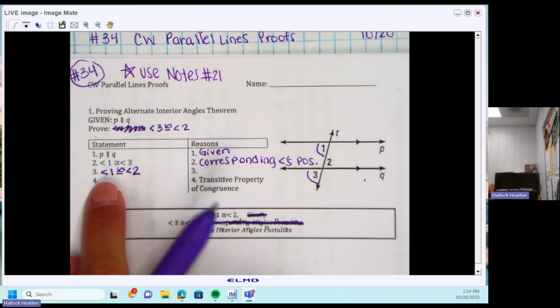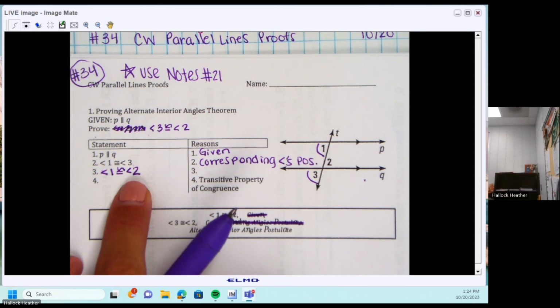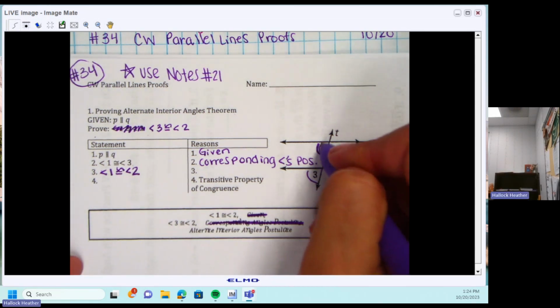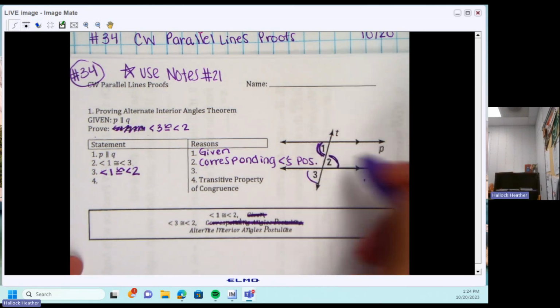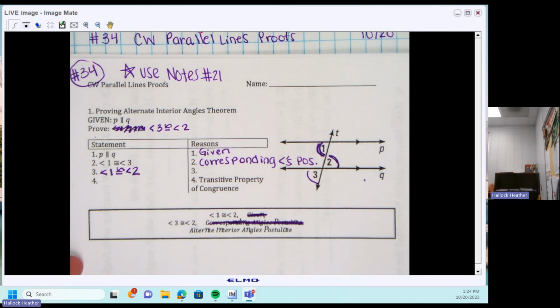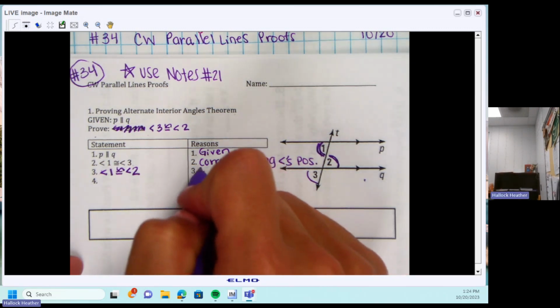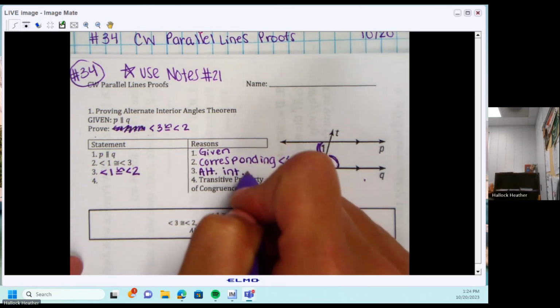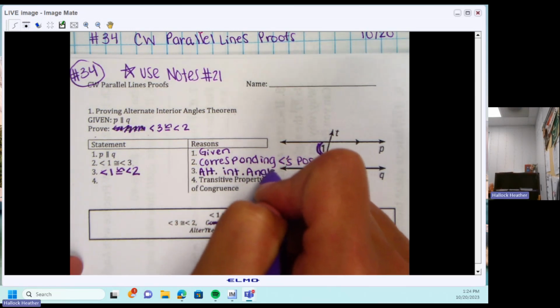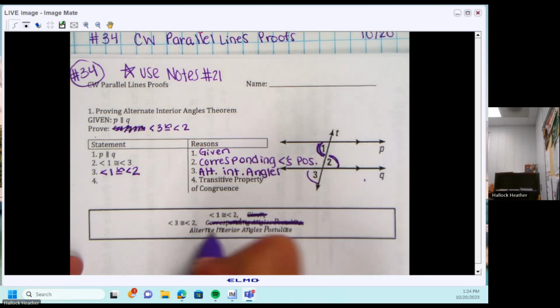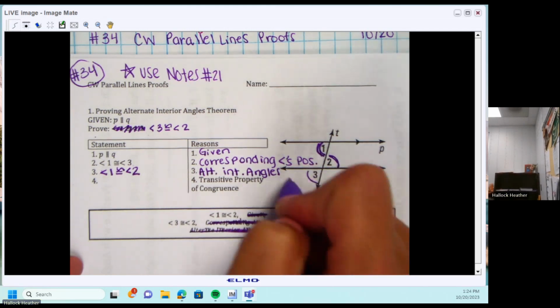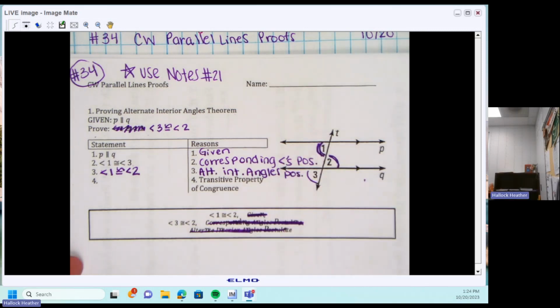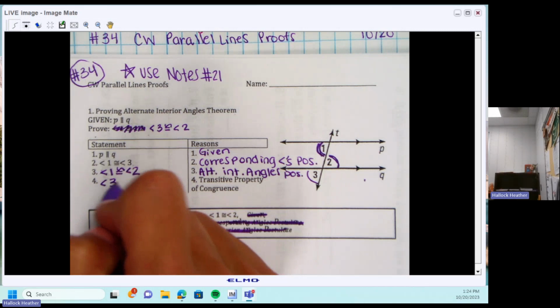So angle 1 is congruent to angle 2. How do I know that angle 1 is congruent to angle 2? What theorem? Alternate interior. Yes. I'm just running out of space. The last thing is the proven, which is angle 3 is congruent to angle 2.